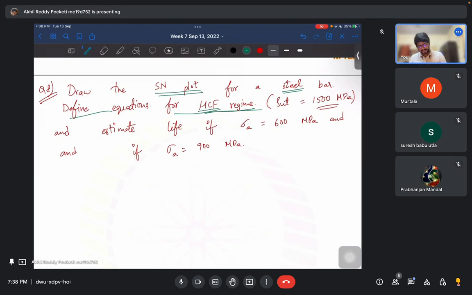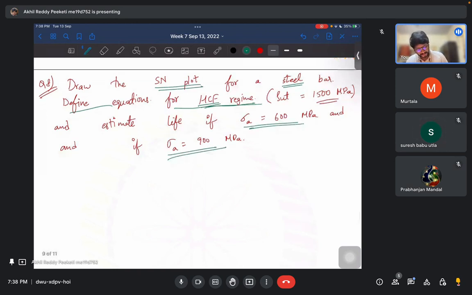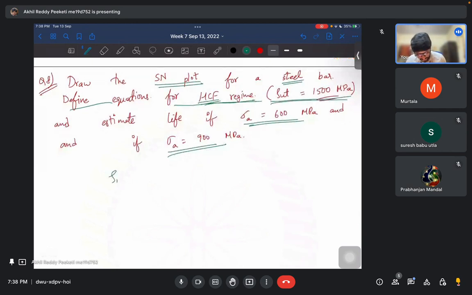And estimate life if amplitude is 600 and amplitude is 900. We were only given SUT equal to 1500 MPa, and steel and HCF regime. These are the only data we are given, and we are supposed to draw the SN plot and give the equations also.